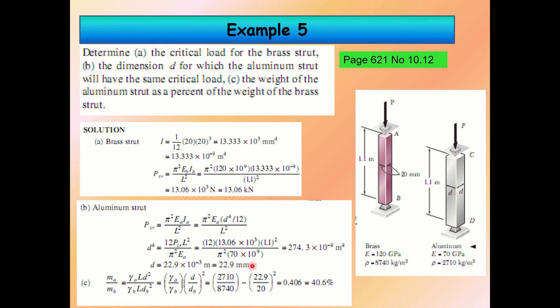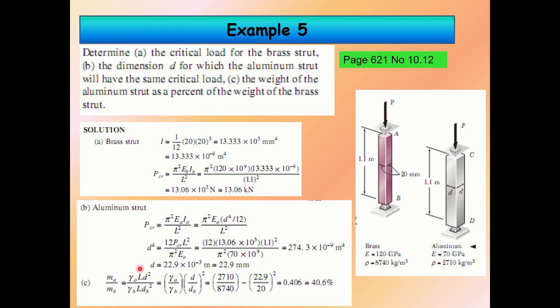So when the same load is applied to the aluminium, the D is bigger compared to the D for brass. This is the D for aluminium. Why? Because brass is stronger compared to the aluminium.